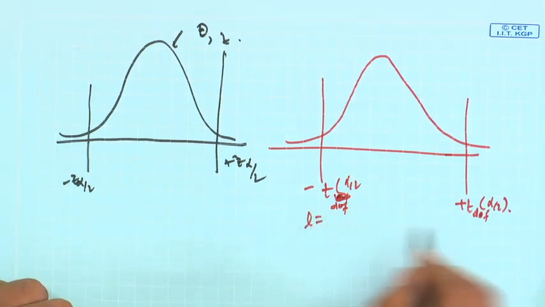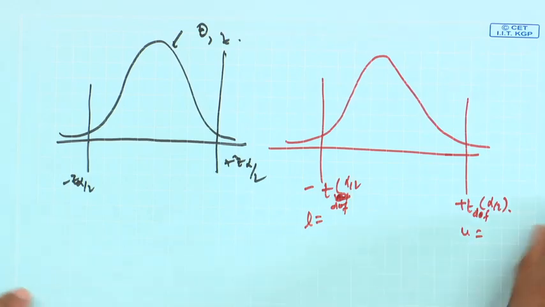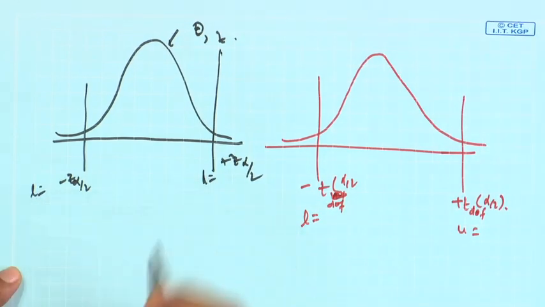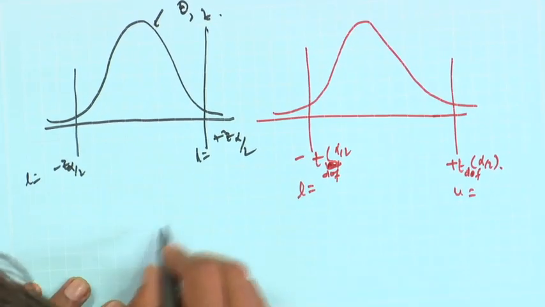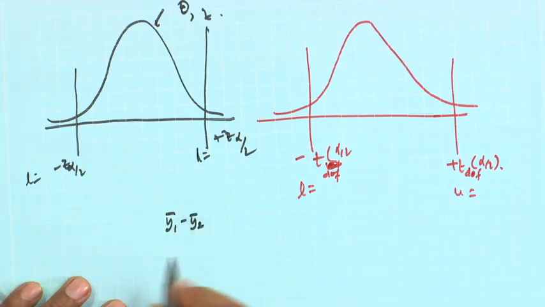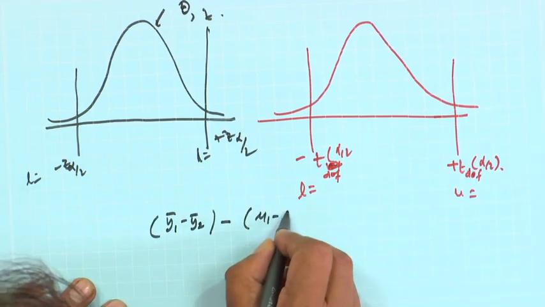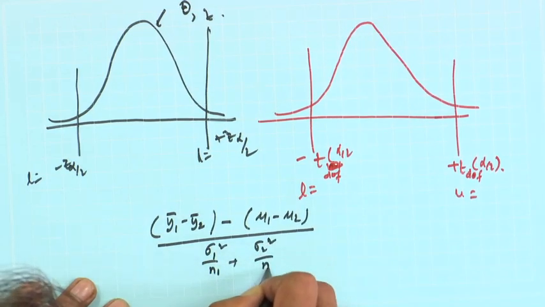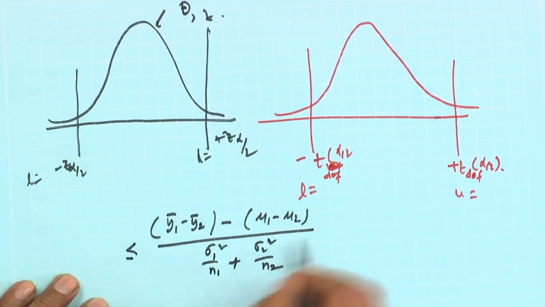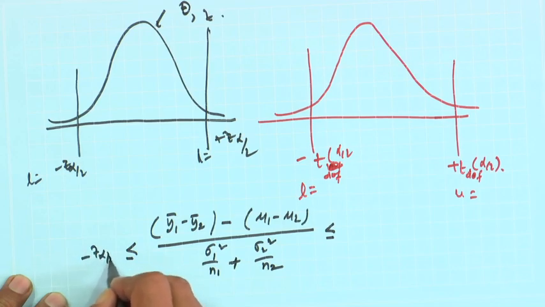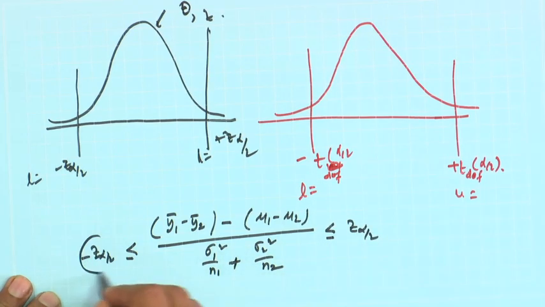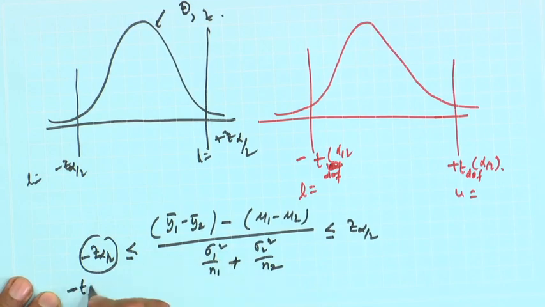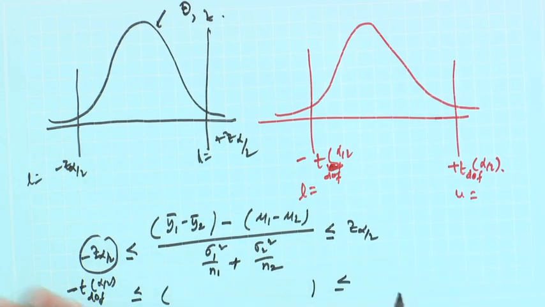So, this is L here, this is U here, and for Z this one is L and this one is U. So, for the confidence interval, you write y1 bar minus y2 bar minus (mu1 minus mu2) divided by the square root of sigma1 square by n1 plus sigma2 square by n2, less than or equal to plus Z alpha by 2, and greater than or equal to minus Z alpha by 2, or you write minus T alpha by 2 with DOF less than or equal to this quantity less than or equal to plus T with DOF alpha by 2.